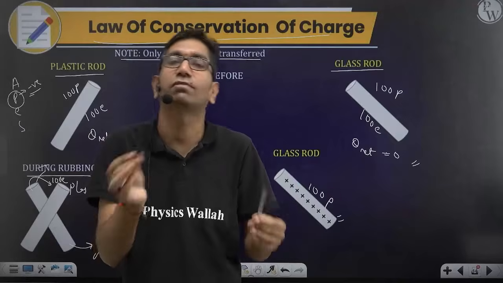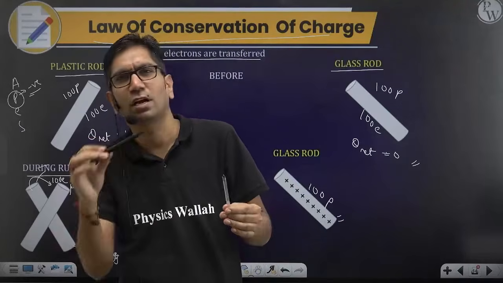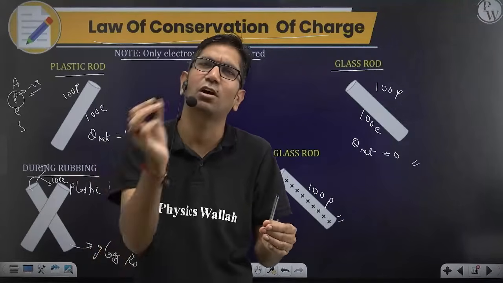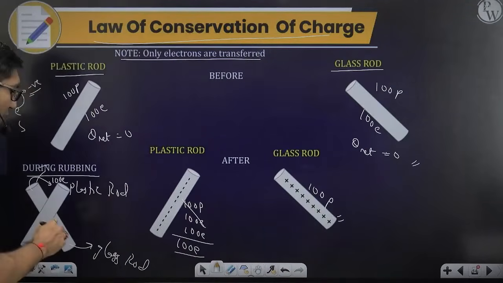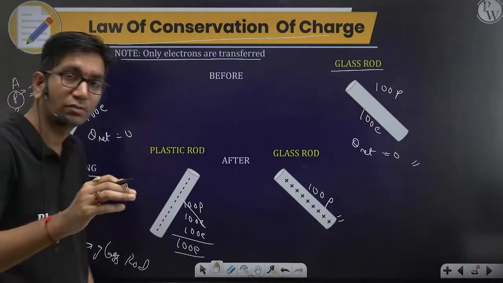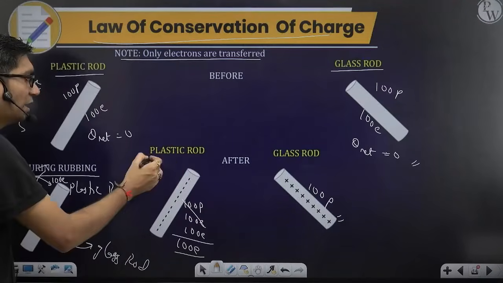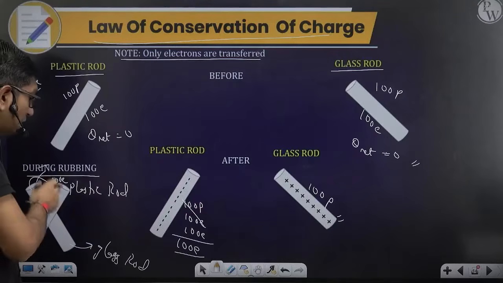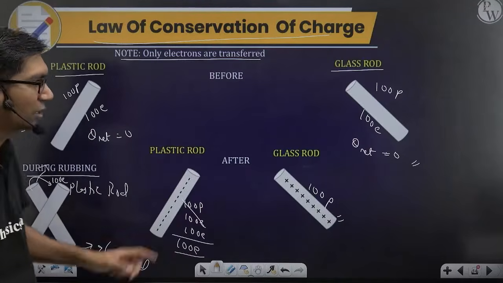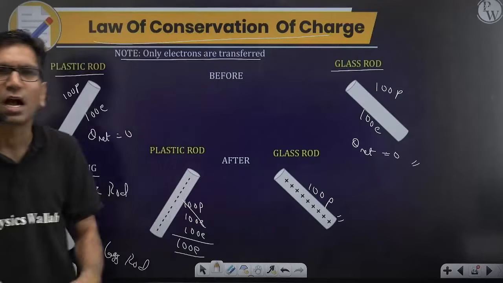The charge is shifting from this body to this body, or from this body to this body. He may ask you like this, beta. You have to tell like this: only electrons are transferable. If the plastic rod becomes negative, it means from the glass rod, 100 electrons are shifting to the plastic rod. Like this, you have to tell, beta. Is it clear? I hope you got this one.